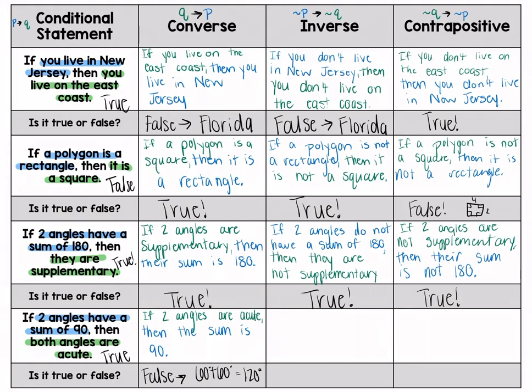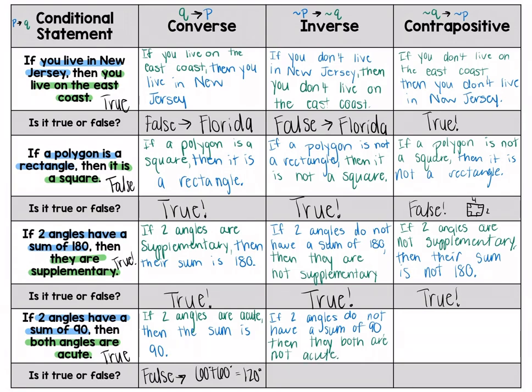If not P, then not Q. So if two angles do not have a sum of 90, then they are not acute. They both are not acute.